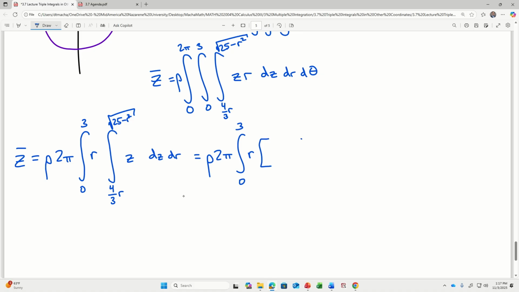The antiderivative of z is 1/2 z squared. So there's rho times 2 times pi.